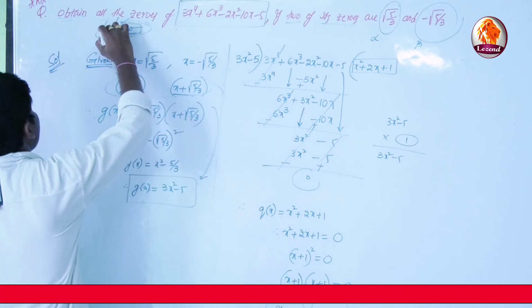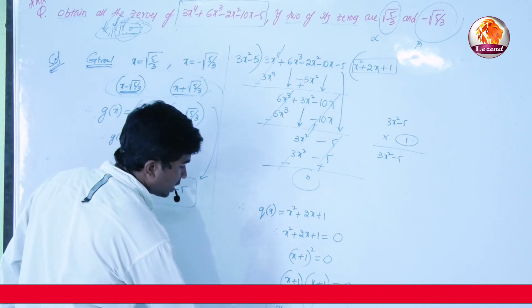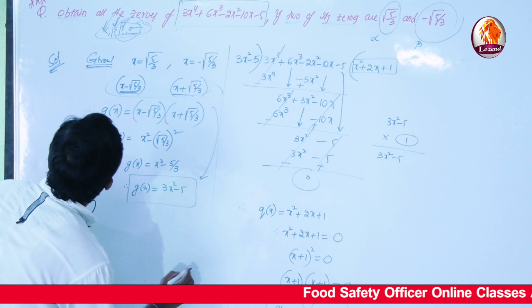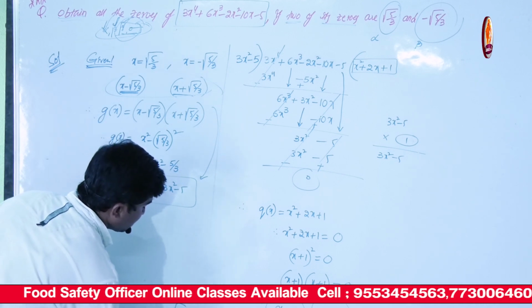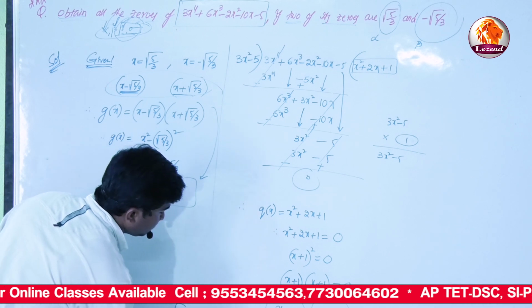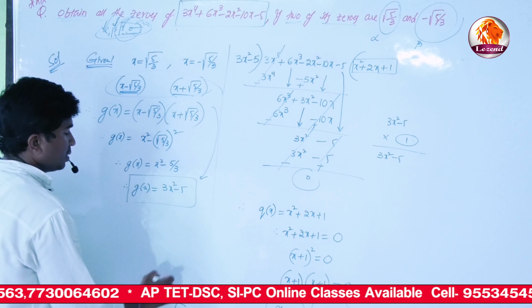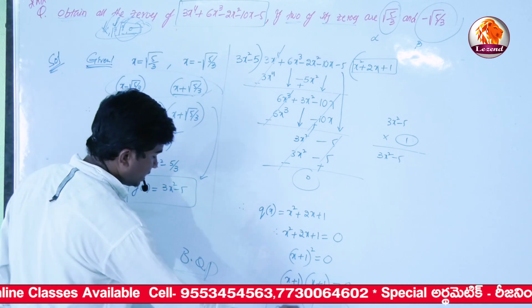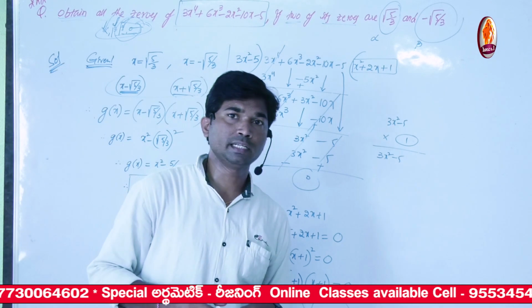Now we know alpha is given, beta is given, and we got gamma and sigma. So we can write that root of 5 by 3, minus root of 5 by 3, minus 1 and minus 1 are the roots of the biquadratic polynomial. So alpha, beta, gamma and sigma are the four roots of the biquadratic polynomial.